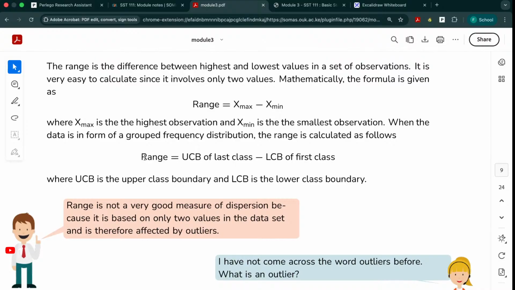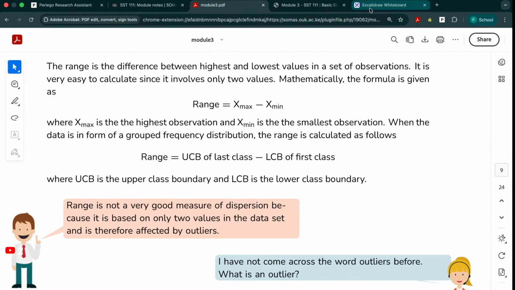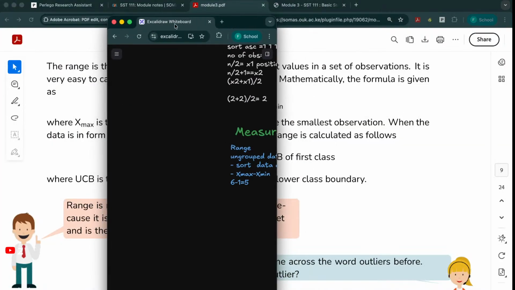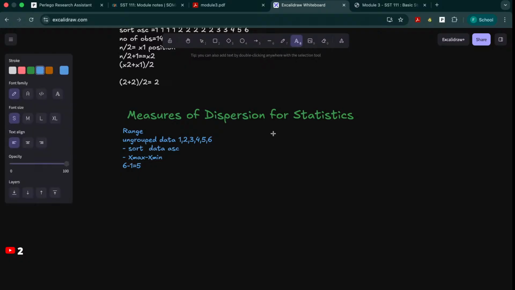Then to be able to do a range for grouped data, let's try to do that. Range for grouped data: we have its formula as that.